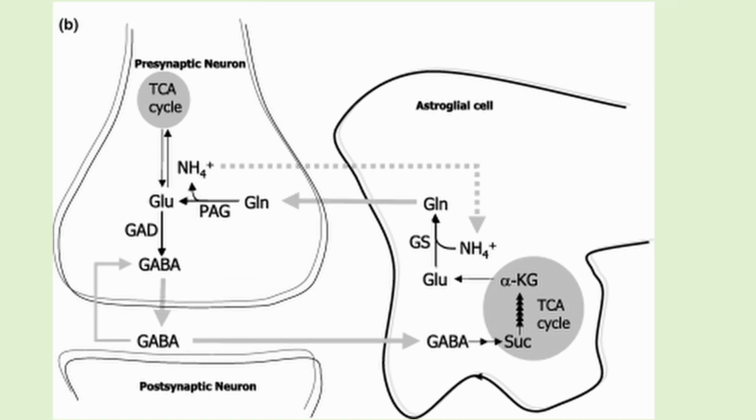In the case of GABA, it's a little bit more complicated. When GABA is released to the synaptic cleft from the presynaptic terminals, one of two things can happen. Of course, it can be reuptaken from the synaptic cleft into the presynaptic neuron, or in the GABAergic synapse, GABA can be taken up by astrocytes and catabolized into the Krebs cycle intermediate succinate via GABA transaminase, an enzyme that is present in astroglial mitochondria.